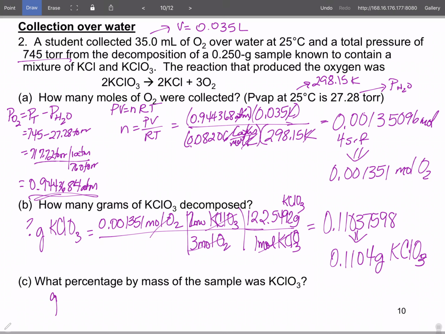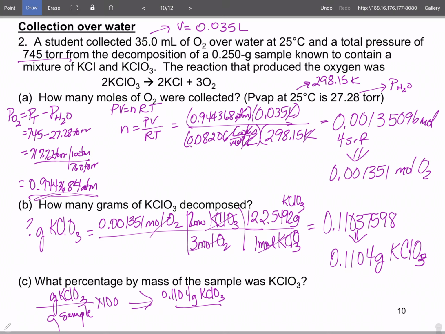Okay, what percentage by mass of the sample was KClO3? So that means I need my grams of KClO3 divided by my grams of sample times 100. So that means that I ended up with 0.1104 grams of the potassium chlorate. Wait, how much was my total sample?